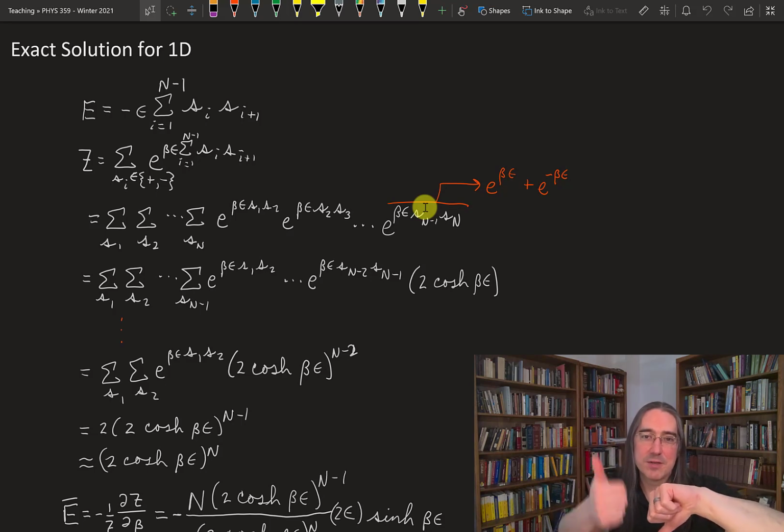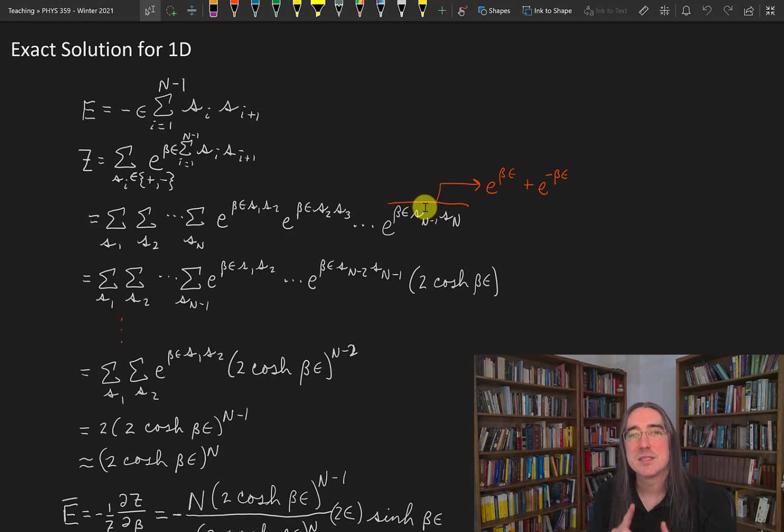And since the overall orientation in space isn't important, just the relative orientation, we can take this term out. When we do the n sum, we get e to the beta epsilon plus e to the minus beta epsilon. Either they're parallel, in which case the energy is minus epsilon, and so this is e to the plus beta epsilon, or they're anti-parallel, in which case the energy is epsilon, and we get e to the minus beta epsilon.